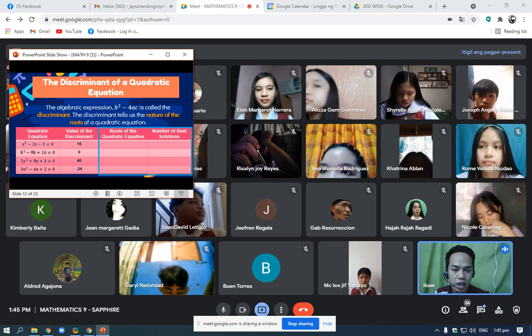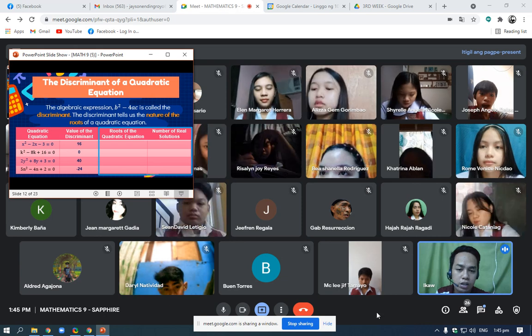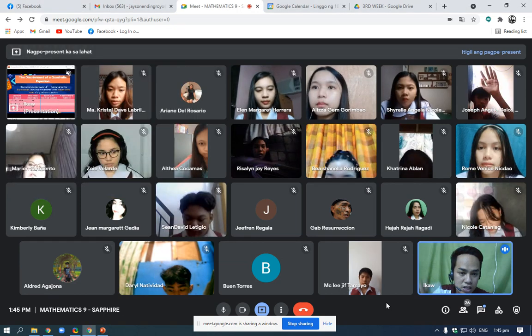You know already what are those? Tama? So we have 4 techniques or methods in order to find the roots of a quadratic equation. 4 po yun. Can you give me one of those 4 na i-discuss natin in our previous lesson? Can you give me one, Joseph?